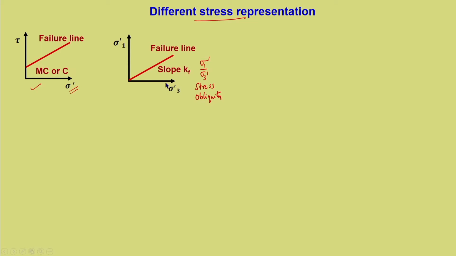This is another way of representing the stress, or as a modification of this, we can represent it in a more general form: axial stress versus radial stress. All normal stresses need to carry this dash or prime, indicating that they are effective.